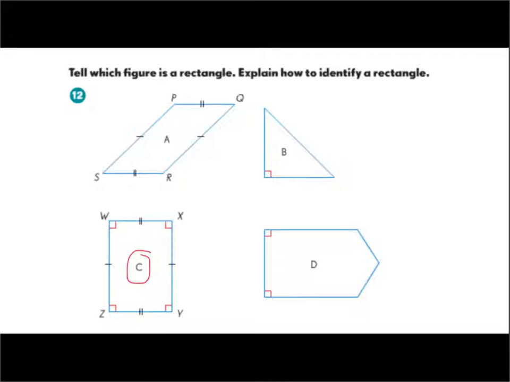We know because it has four sides. Two of the sides are equal, and the other two sides are also equal length. Each of the four angles is 90 degrees in size. So that's how we know that that is a rectangle.